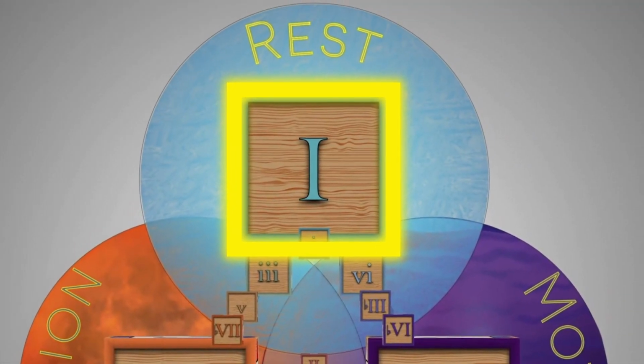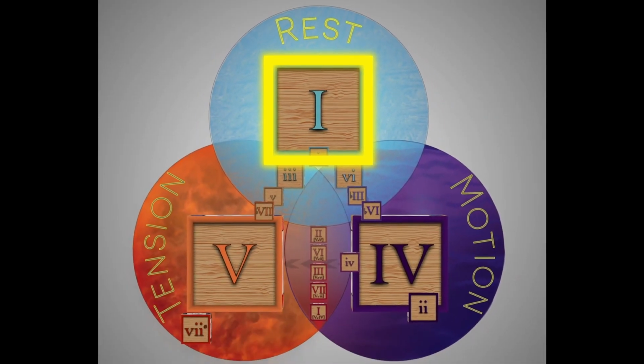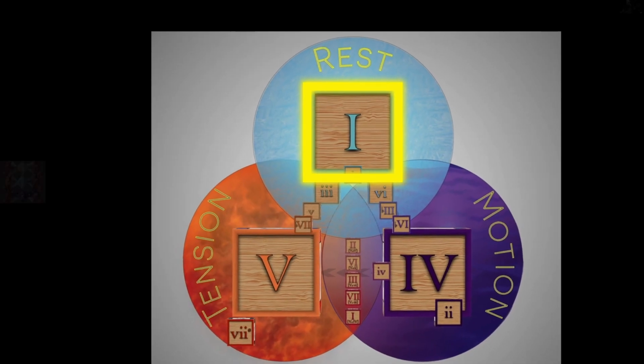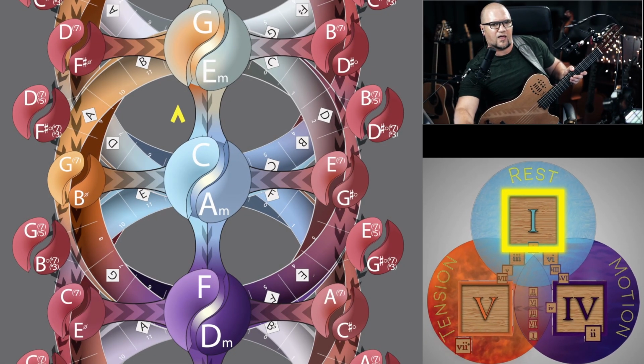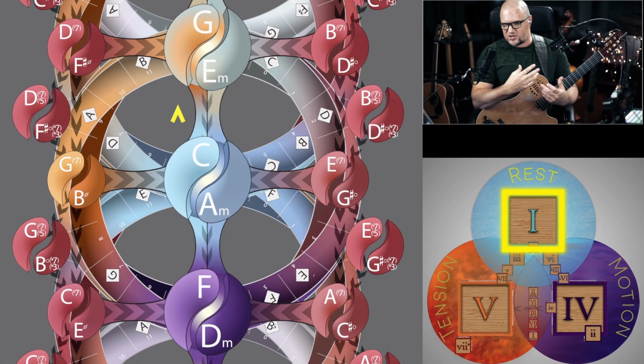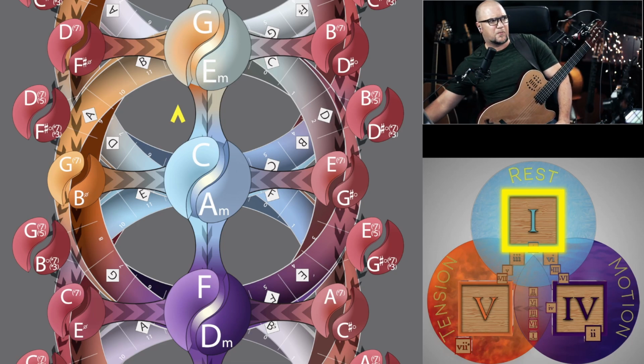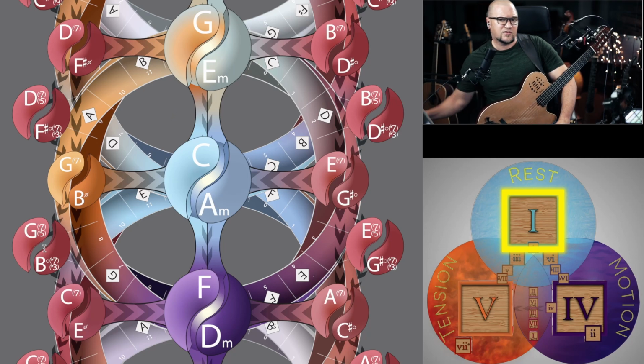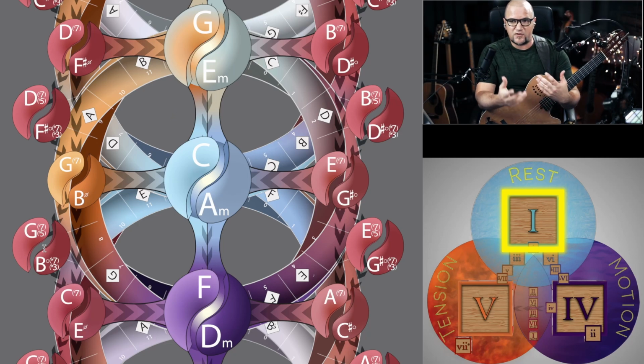And back to rest. So we can really hear how those chords have a very specific feeling to them that you can actually predict and hear in a song. So when you hear it, you can feel, okay, this is major or minor, or it's rest, motion, tension.